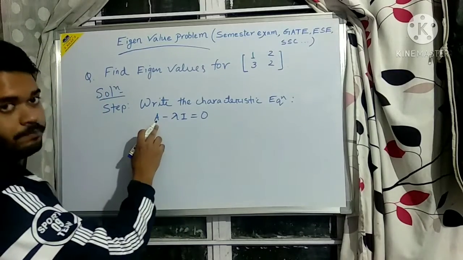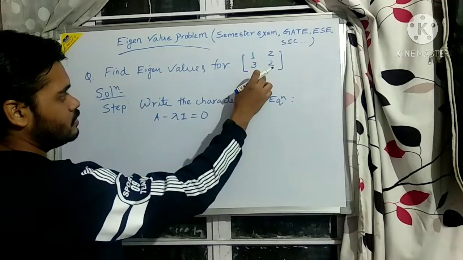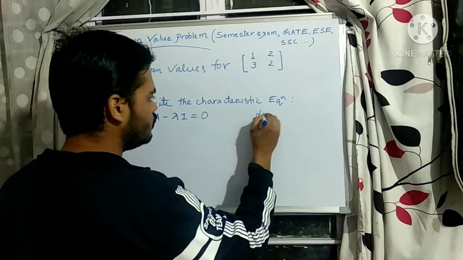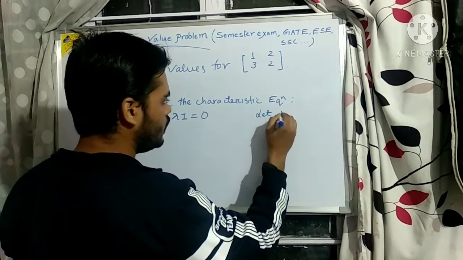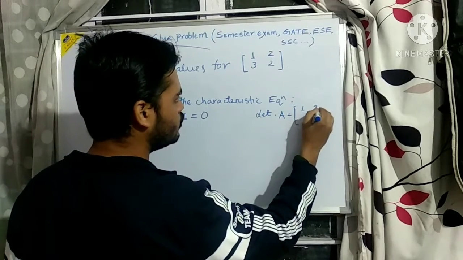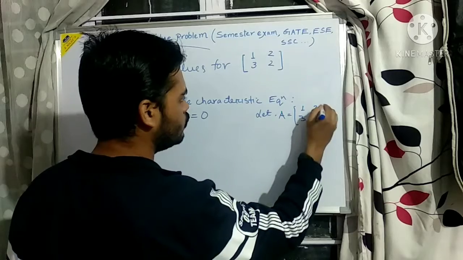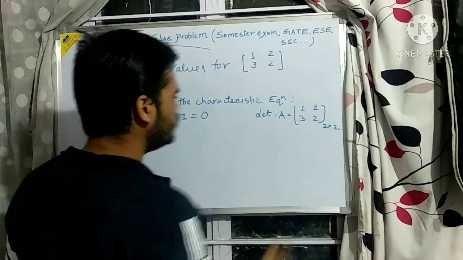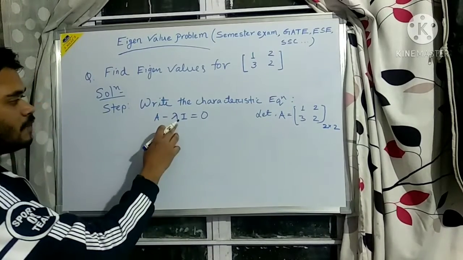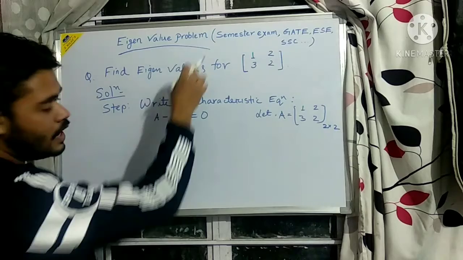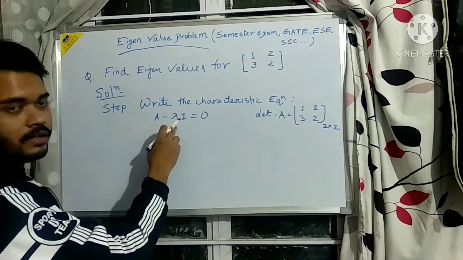So what is A? A is basically the matrix. Let A be this matrix 1 2 3 2. This is a 2 by 2 matrix, and lambda is nothing but the eigenvalues. We generally denote the eigenvalues by lambda.